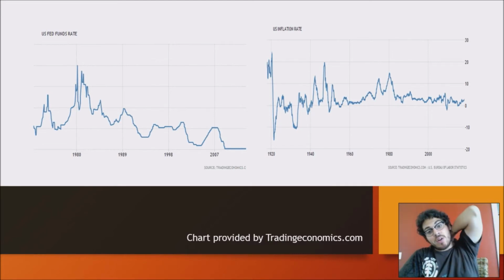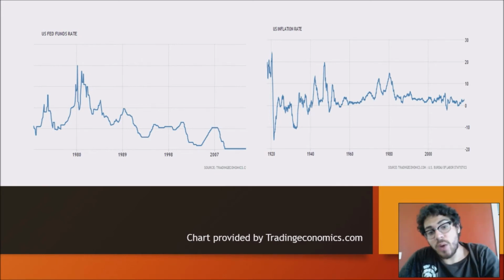But in 2007, no. In 2007, inflation rates were really low, and then you see a major increase in interest rates right before 2007, which really was an important indicator of the recession.